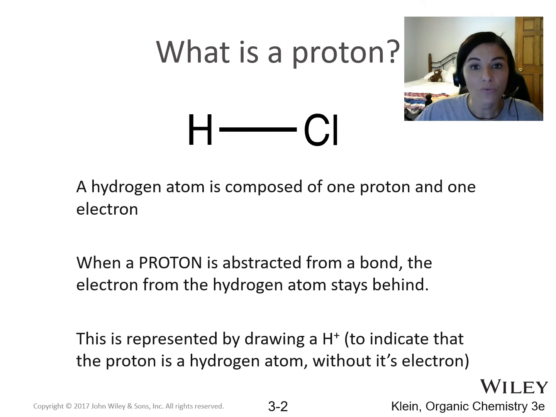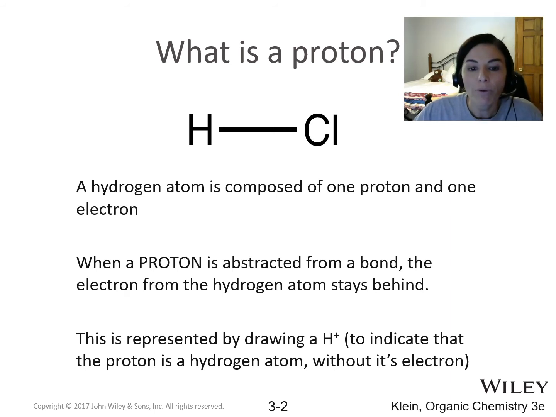Okay, so let's review quickly what exactly is a proton. You might remember a hydrogen atom is composed of one proton and one electron, right? It's the first element on the periodic table of elements. That means it's got one proton, one electron.